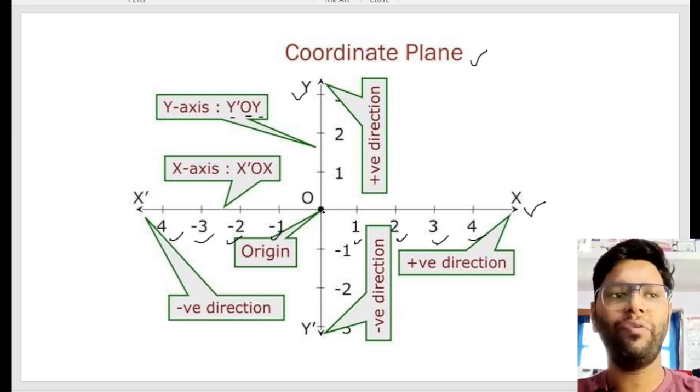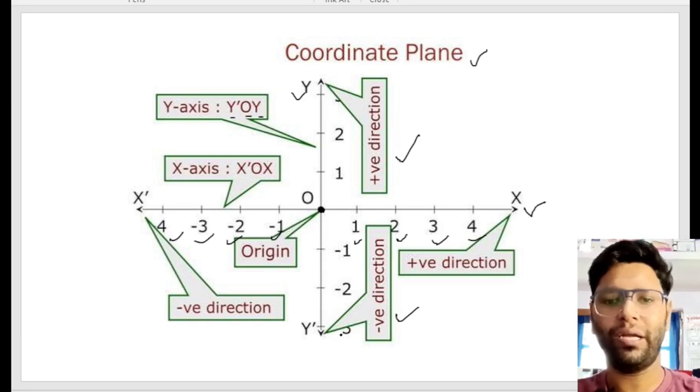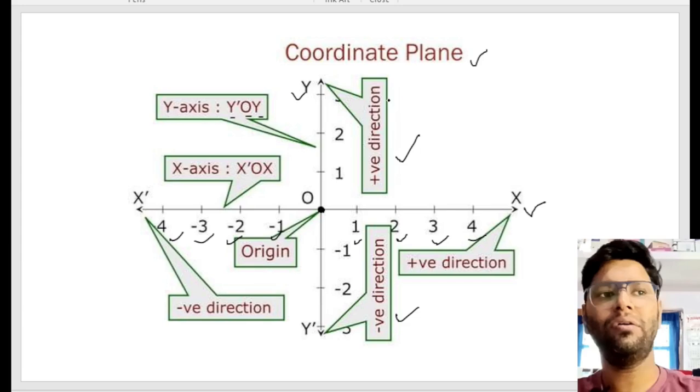The point where both lines, the x-axis and y-axis, intersect is called the origin. Similarly, this is the positive direction of the y-axis and this is the negative direction. Negative direction means all the negative numbers will be below, and all the positive numbers will be above the origin. So this is the coordinate plane.